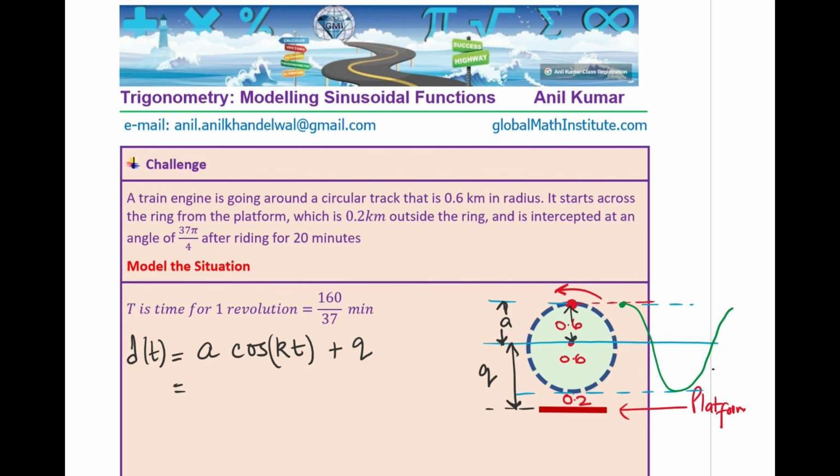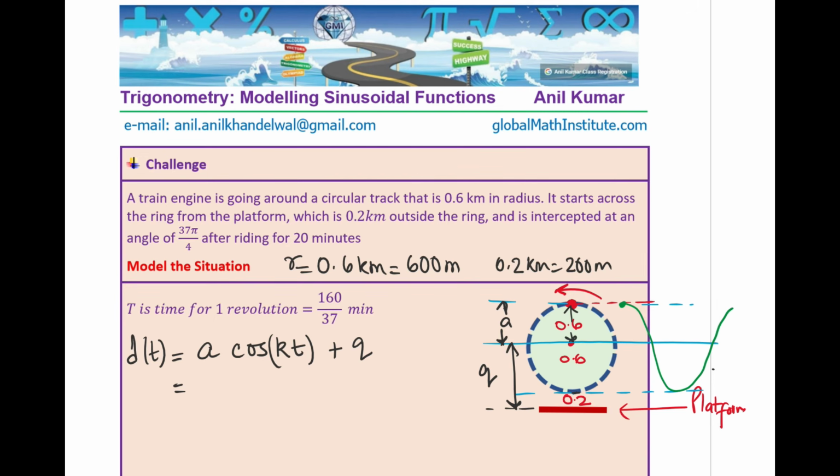So let's convert that to meters, right? So the radius of 0.6 kilometer can be written as 600 meters, and that initial distance, which is 0.2 kilometers, will be 200 meters, correct? So that is the minimum distance away from the platform.